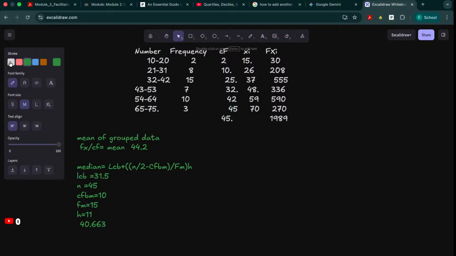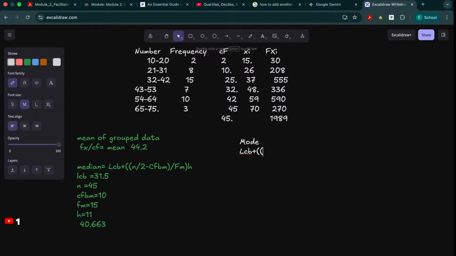The next thing we're doing is mode. Mode is easy once you get the formula. We use the same formula as the one we used here, but with a difference. So let me write it first. So we use lower class boundary plus, then we use something called delta.